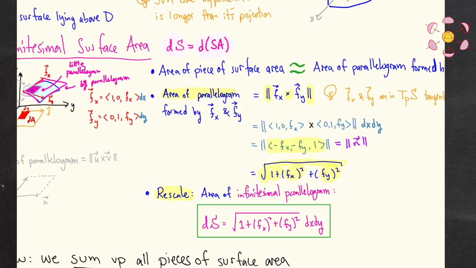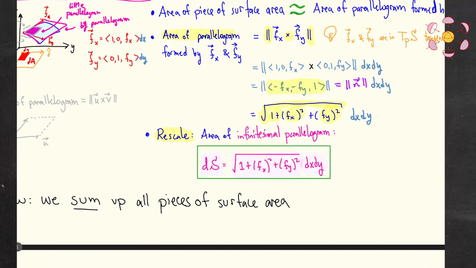So it kind of pops out over here, and over here. And again, you can see that they pop in at the very last second at this point right here. So we've got our tiny chunk of surface area is given by this square root formula times a dx times dy.